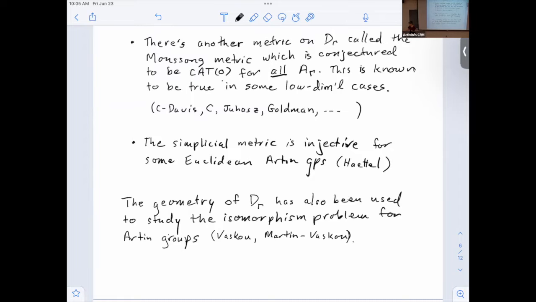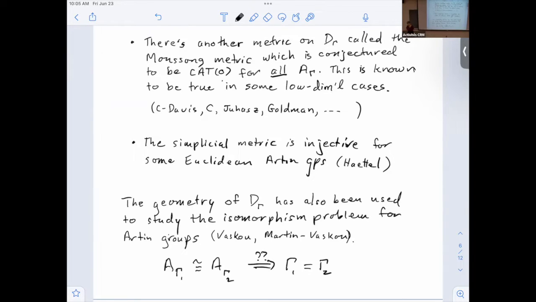Properties of the geometry of the Deligne complex have also been used to study other questions about Artin groups, such as the isomorphism problem. What's the isomorphism problem? Well, it's the question of if you have two graphs and the groups are isomorphic, does that mean that the graphs were actually basically the same graph?